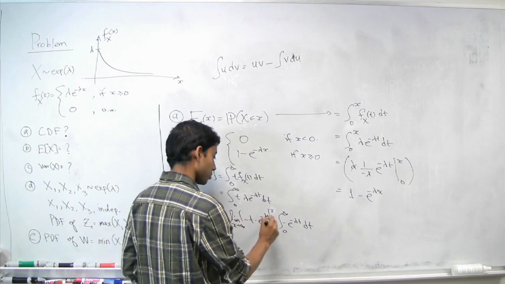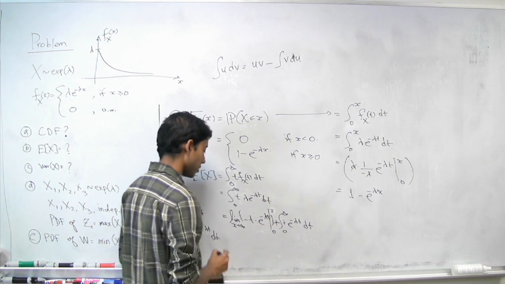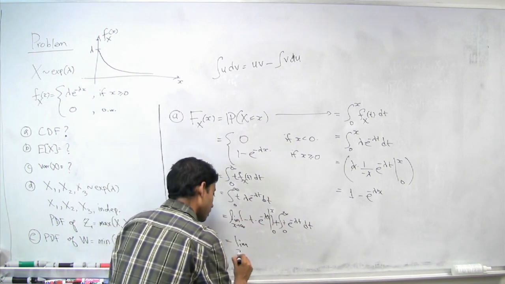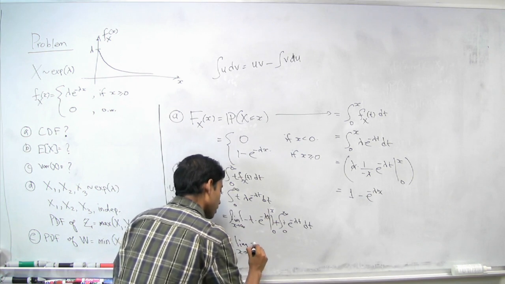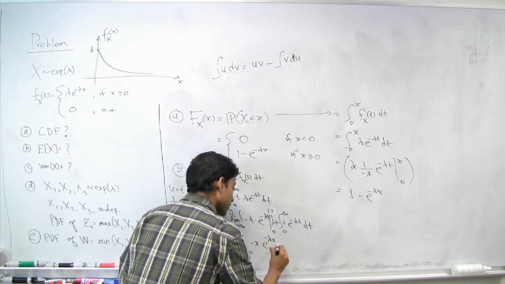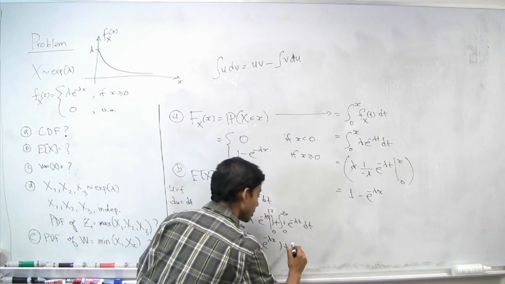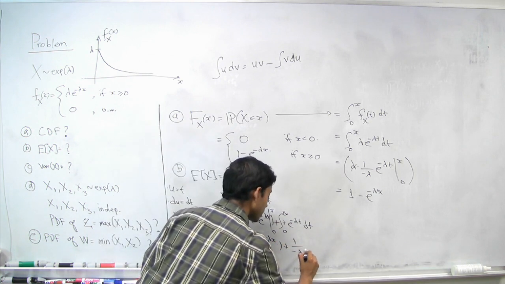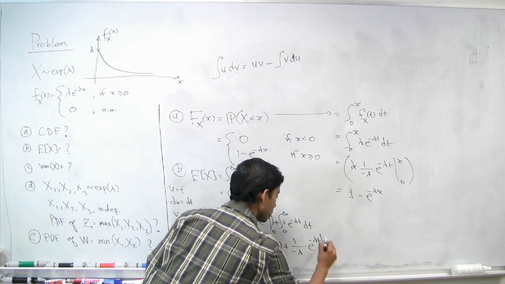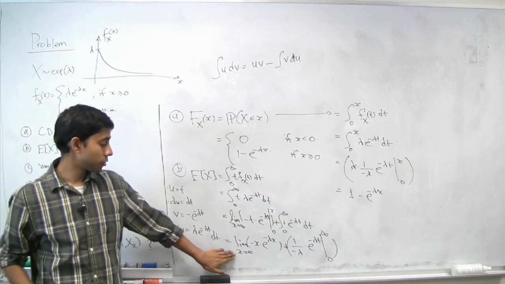These negatives cancel, and let's plug in the bounds. We're left with negative x e to the minus lambda x, plus the integral, which is 1 over negative lambda e to the minus lambda t, evaluated from 0 to infinity. All right, so now, the limit.